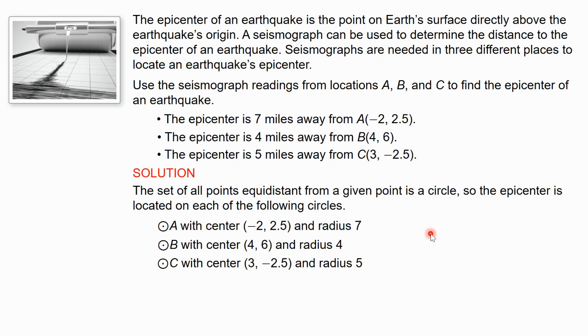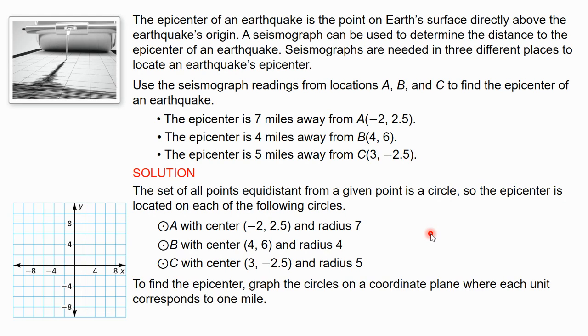So if we plot those 3 circles, we can find a point that all 3 circles share in common, an intersection point between the 3 circles, to figure out where the epicenter of this earthquake actually exists.